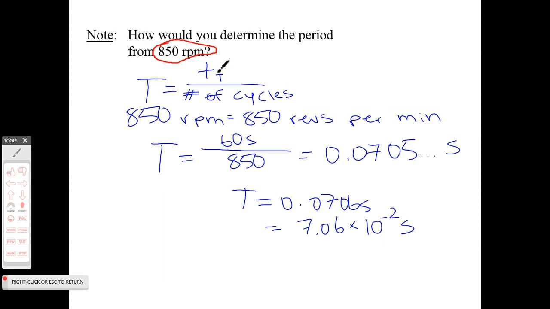So 850 revolutions per minute means the period is going to be the total time, 60 seconds, that's the minute bit, divided by 850 revolutions, which means each one revolution takes 0.0705 seconds, or 7.06 times 10 to the negative 2 seconds. Which makes sense. If something is spinning 850 times in a minute, each spin is not going to take all that much time.